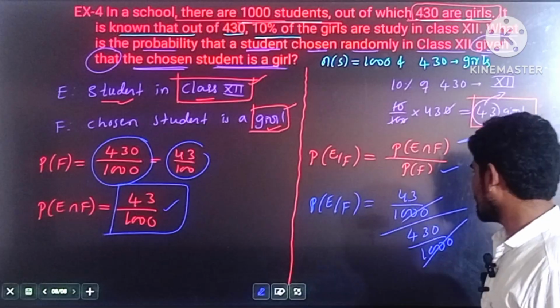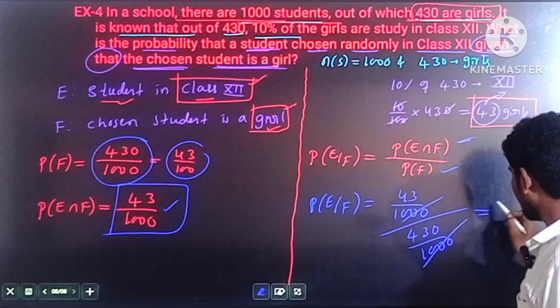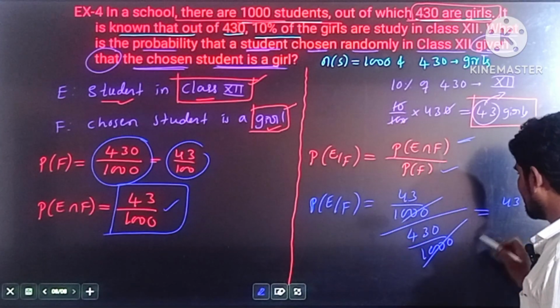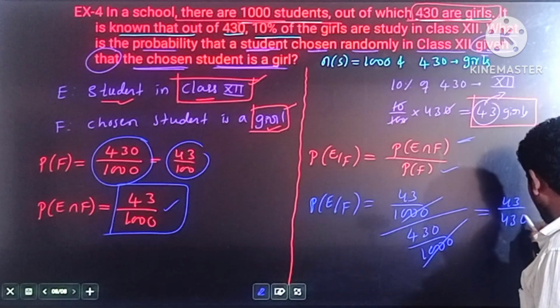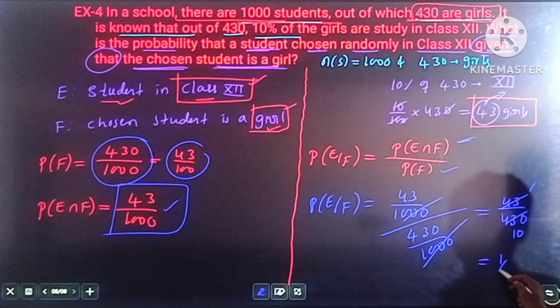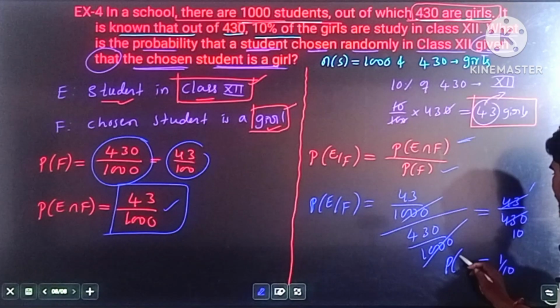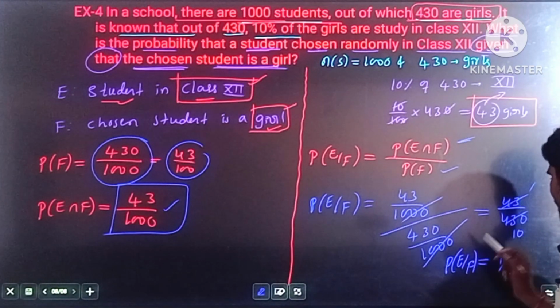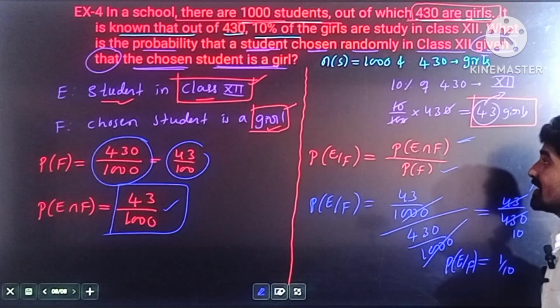So here 1,000 and 1,000 get cancelled. So the probability of E by F is 43 divided by 430, and 43 ones are 43, and 43 tens are 430. So 1 by 10 is the required probability of E by F. I hope all of you understood this.